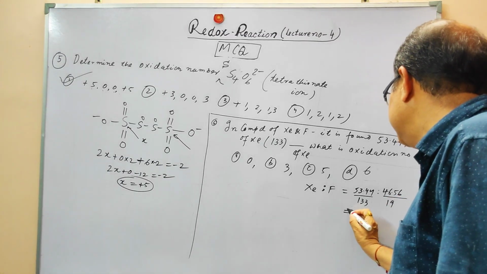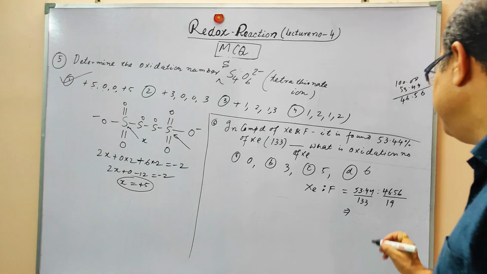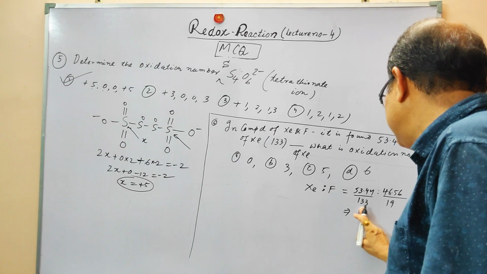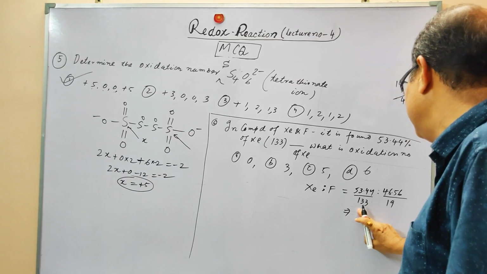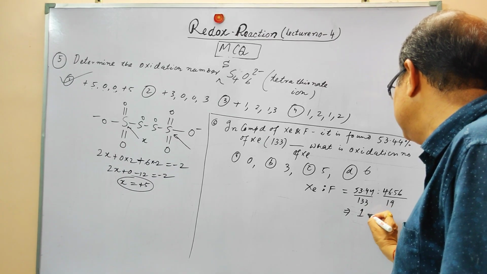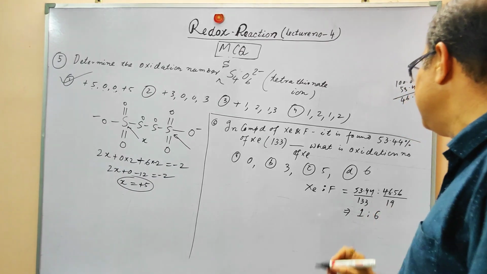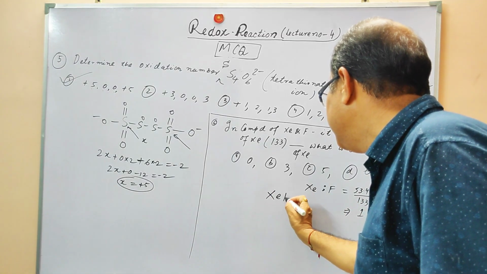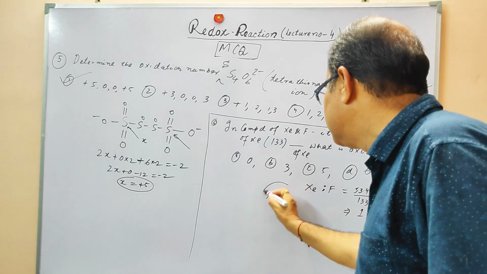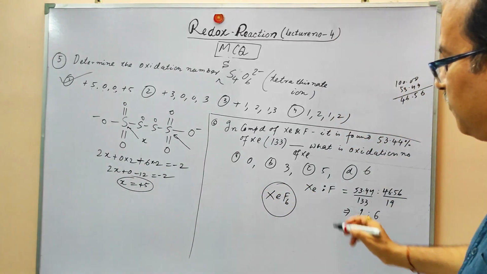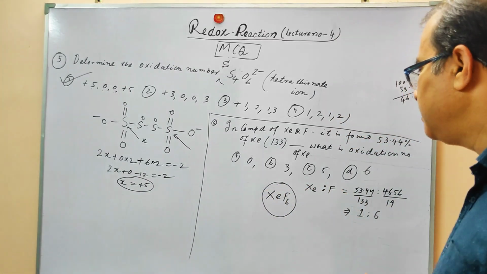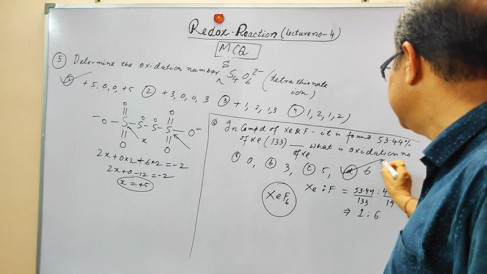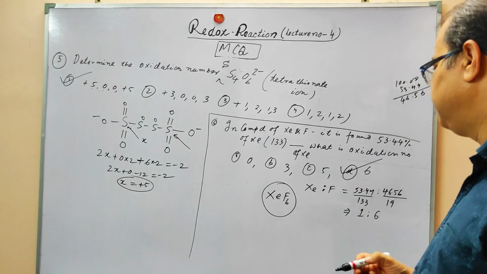So if we calculate this, it will be coming around 1:6. Means the formula of this xenon fluoride will be XeF6. So we know the fluorine has the oxidation number of -1, so xenon will have the oxidation number of +6. So this will be the right answer.